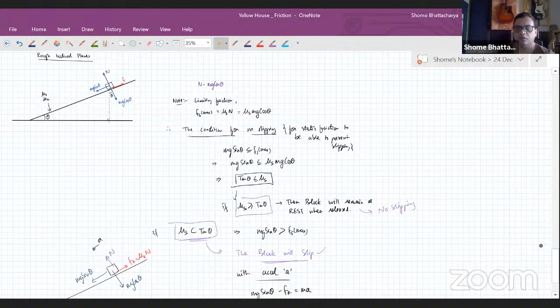So this is an important formula to remember, that we can look at the coefficient of friction and compare with the angle of inclination theta to understand whether the block can remain at rest or it will start slipping when released. So for that we have to just compare the coefficient of static friction with the tan theta value. Okay, so make a note of this derivation please, and make sure you understand the free body diagram with resolution of forces and everything.